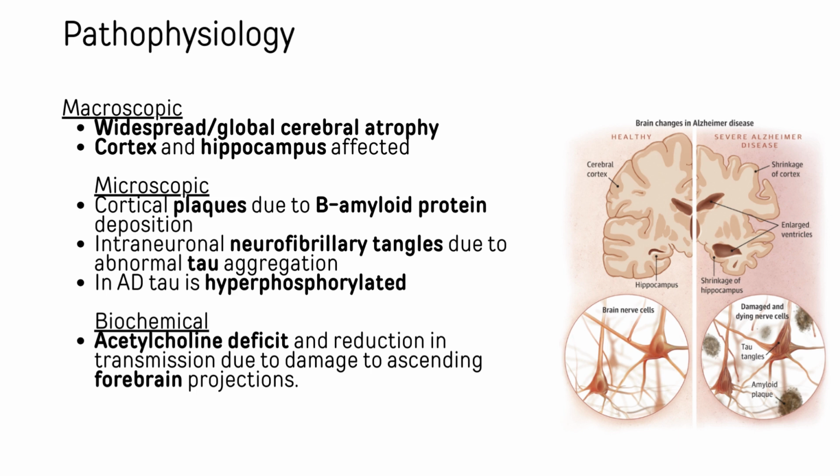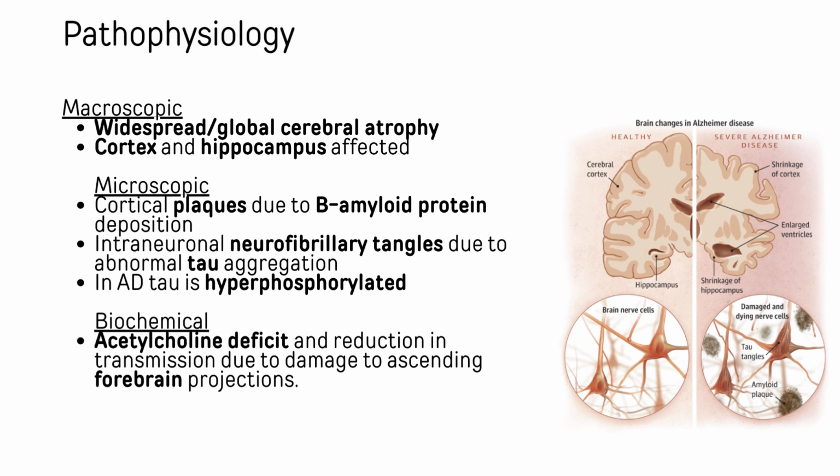In terms of the microscopic changes, as we said before, you'll have a buildup of the beta amyloid plaques and depositions, and this can tangle together to form neurofibrillary tangles, due to the tau proteins becoming aggregated together, and the tau proteins are also hyperphosphorylated.